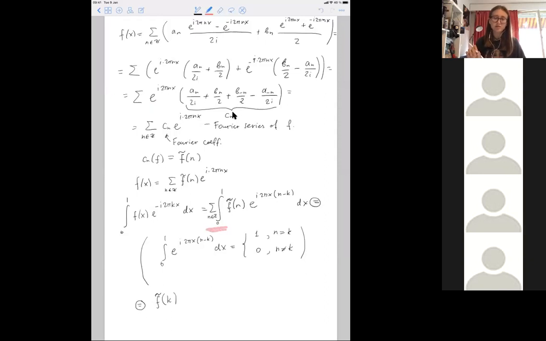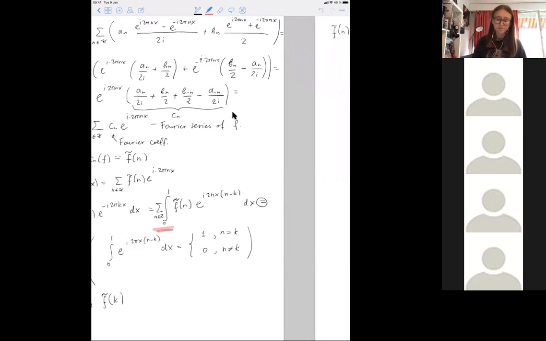And the sum is not finite, it goes from minus infinity to plus infinity over the values of n. Switching this infinite sum with an integral doesn't work for every function, only for nice functions. But just to remind you, in physics we only work with nice functions, so let us not bother ourselves with this too much.